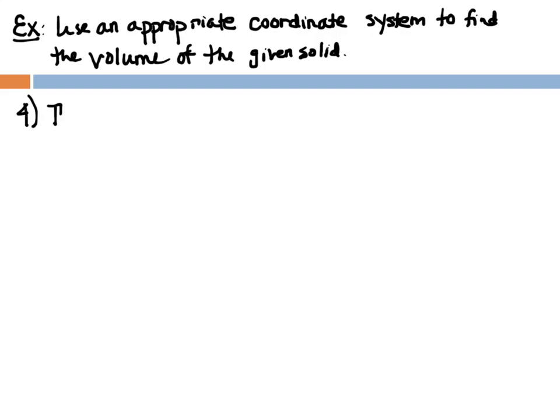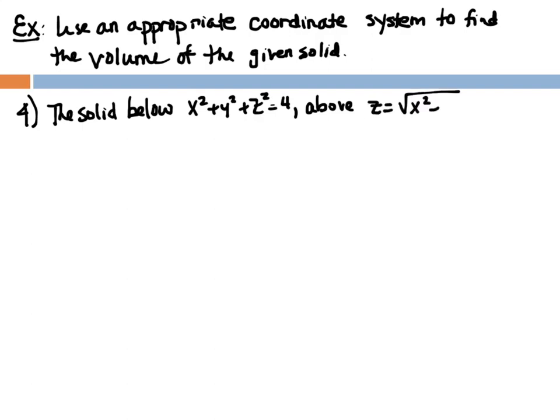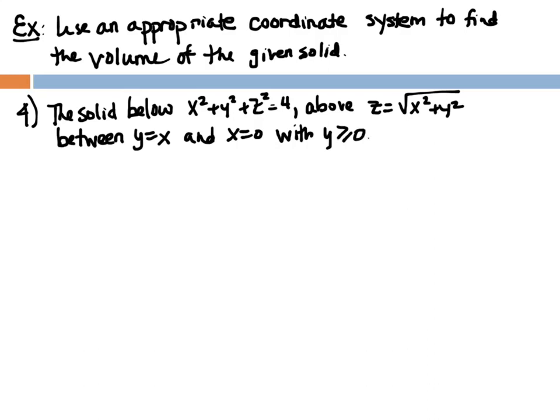And this is the solid below x squared plus y squared plus z squared equals 4, above z equals the square root of x squared plus y squared, and between y equals x and x equals 0, with y greater than or equal to 0.